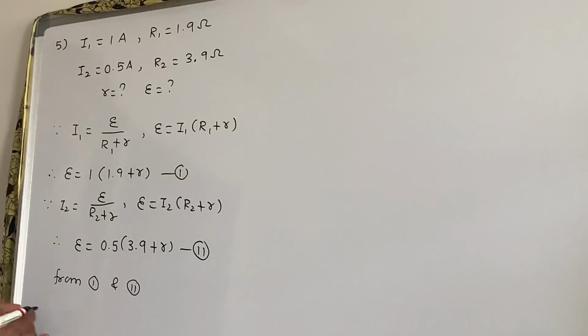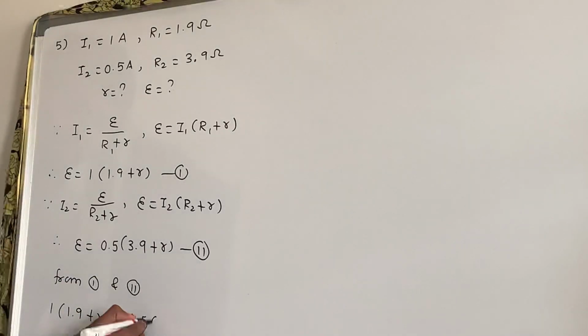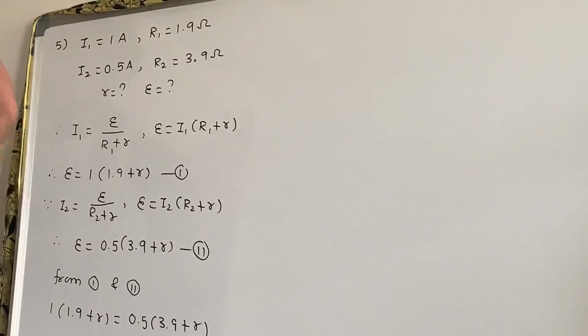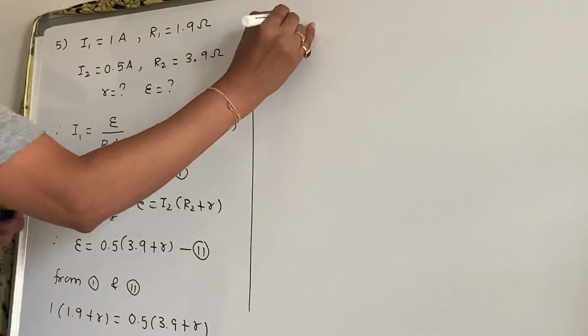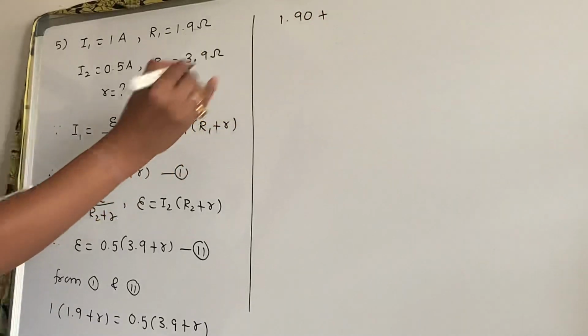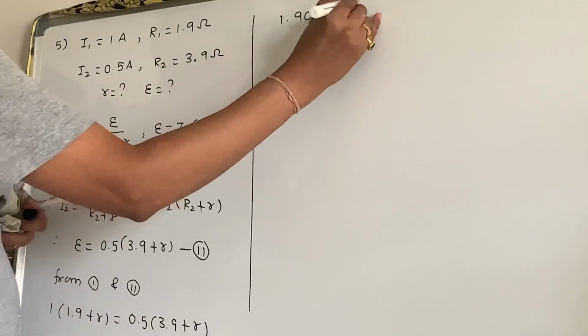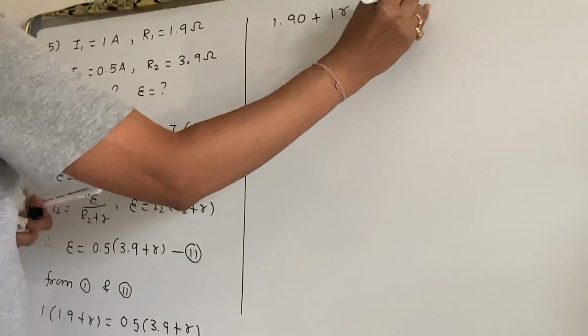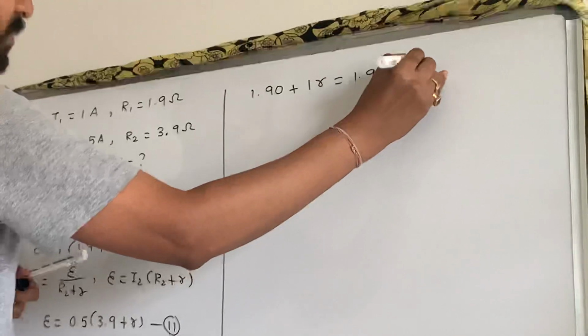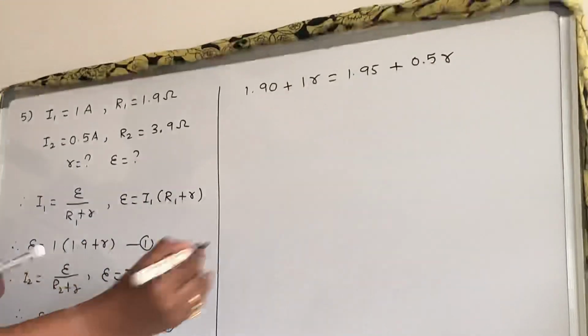So I can write 1.9 plus small r is equal to 0.5 into 3.9 plus small r. If I open this bracket, this comes out to be 1.90 plus 1 r is equal to 1.95 plus 0.5 r, right?